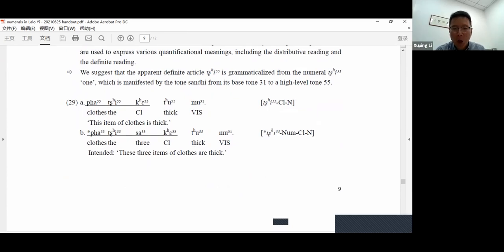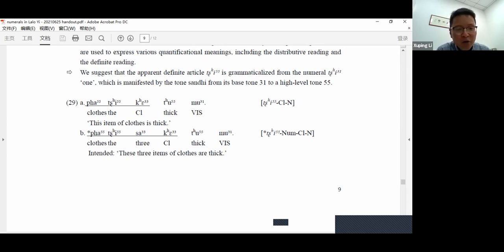Actually, my answer would be no. I think classifier languages do not have a unified semantics either. Let me start again. Classifier languages can be classified into two types: obligatory classifier languages like Japanese and Chinese, and optional classifier languages like Korean, Turkish, also Hungarian, right?